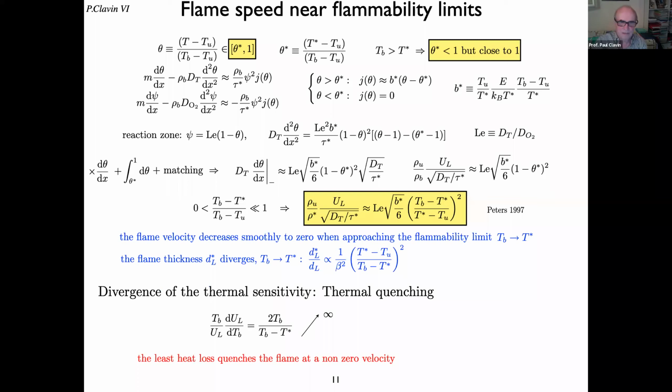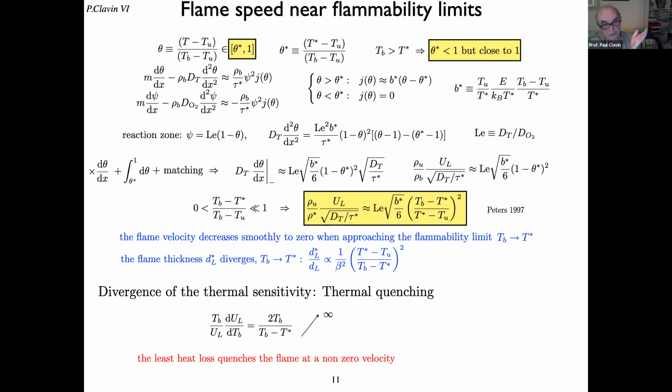It turns out that not only the flame speed decreases, but also the sensitivity of the flame speed to the temperature increases. So that it is similar in a sense to the case when the activation energy of the Arrhenius law increases.